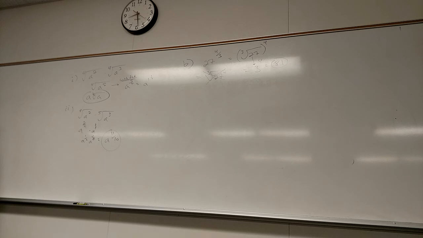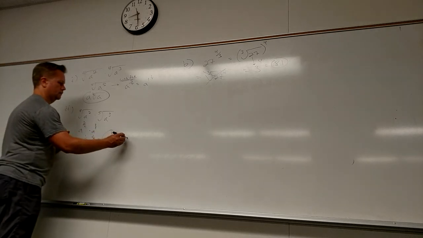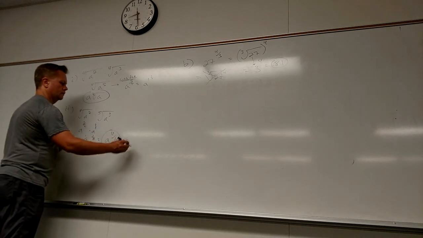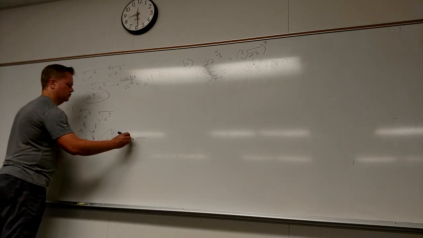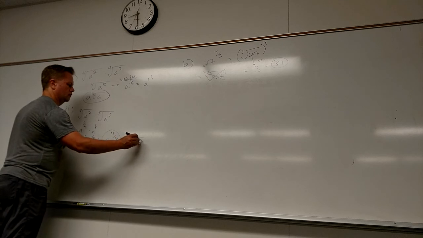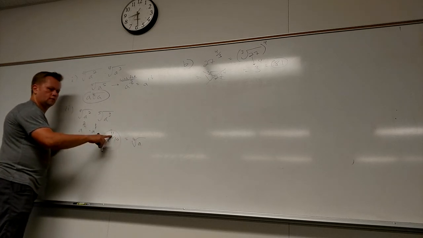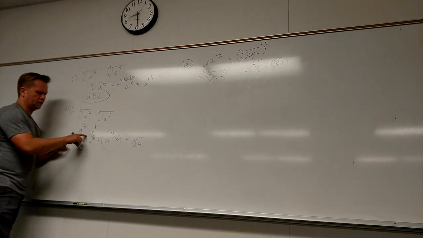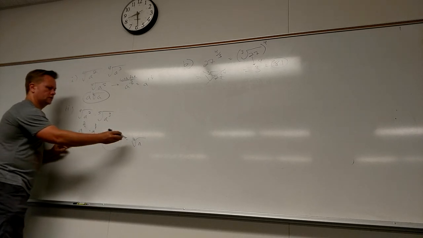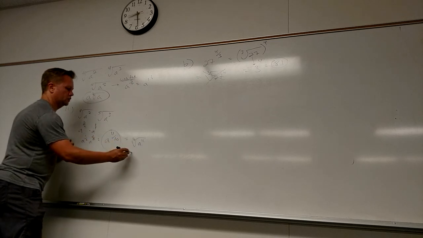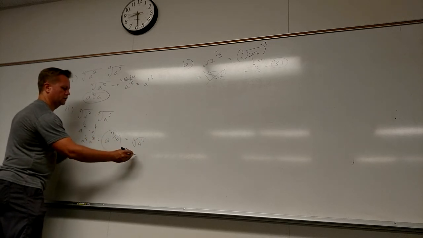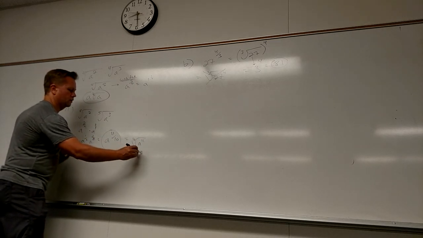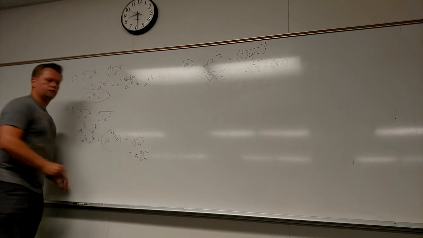If I said write this in root form, what would it be? 10th root, with a on the outside. A to the what? 11. 5/10 plus 6/10 is 11/10. So this would be a to the 11th, which is 10 goes into 11 one time, with one left over.